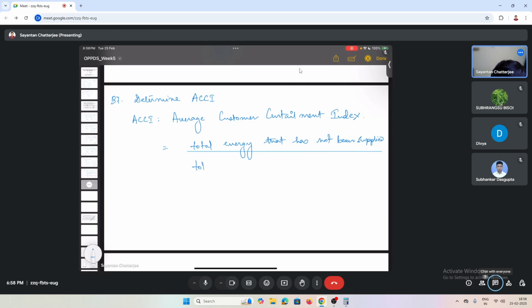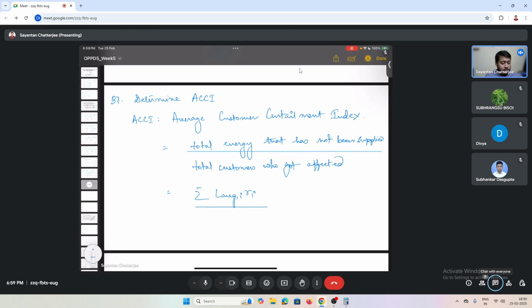So the total number of customers who got affected. This numerator is similar to ENS, energy not supplied. So that means it is, on average, r_i, the ith individual customer multiplied with the duration, and the total number of customers who got affected.